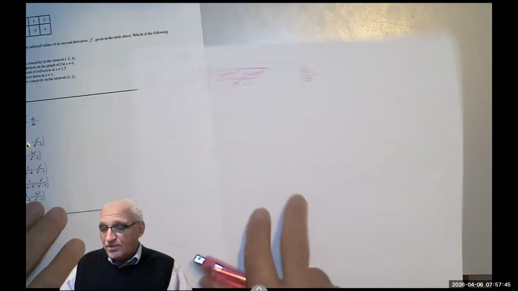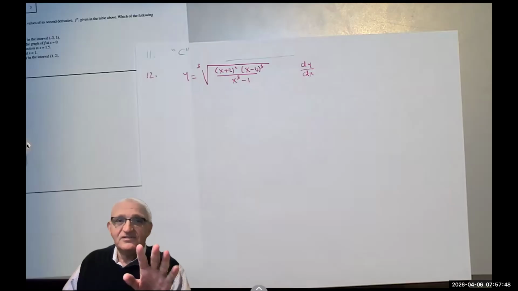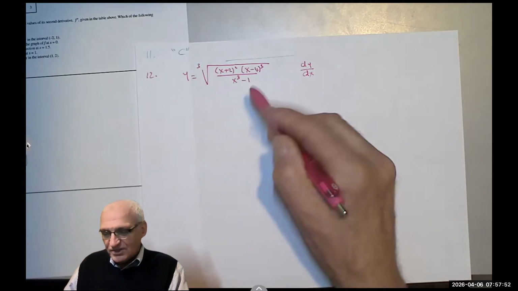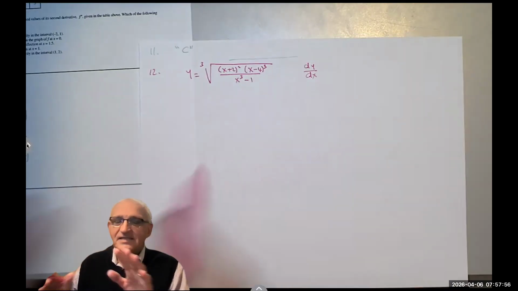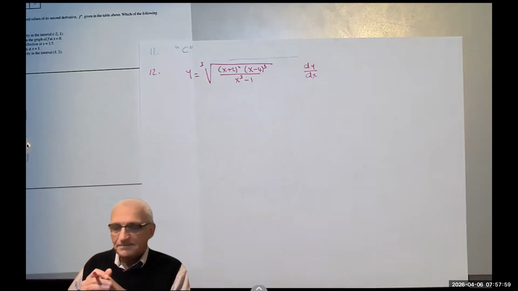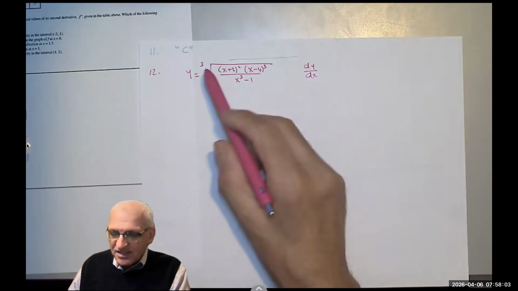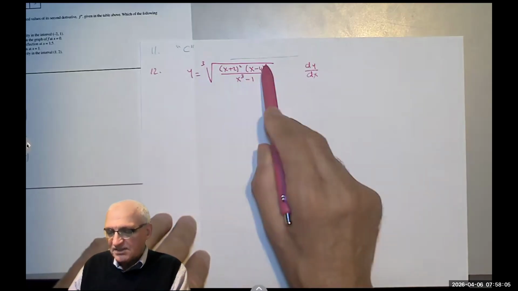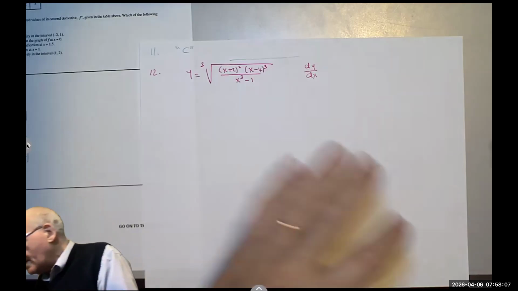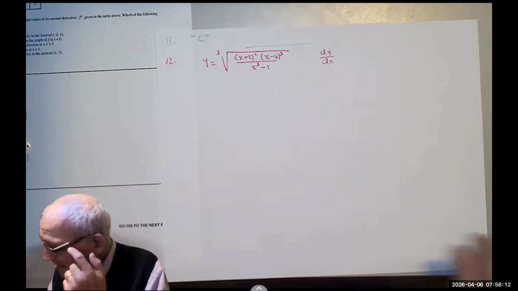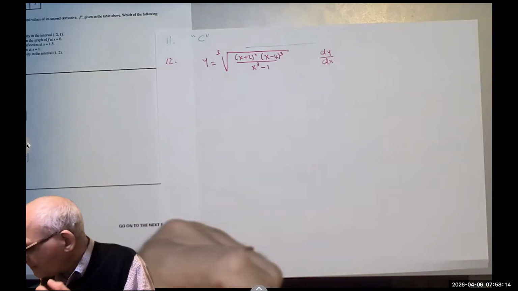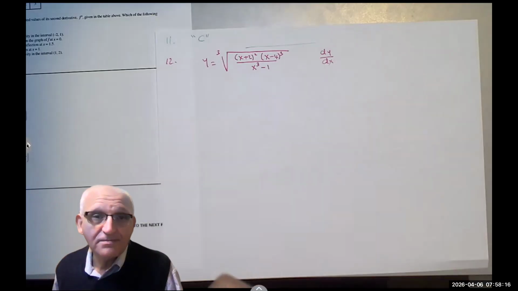Well, if you get a problem like that, don't ever try to take the derivative directly, because you would use the quotient rule and chain rule. That would be messy, right? So how do we do that? Since you have a root and a product and a quotient, the best way, whenever you see a problem like that, your best bet is to use the logarithm.